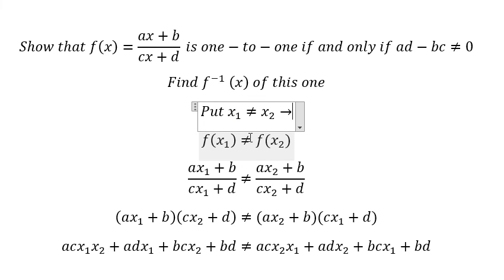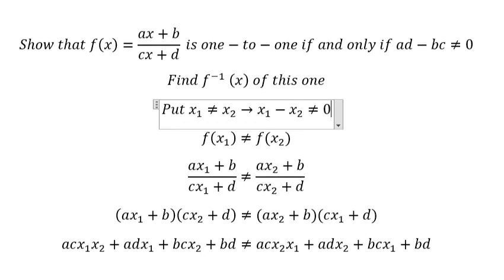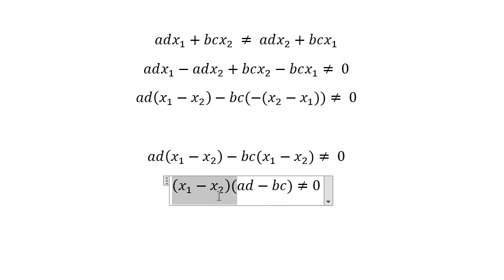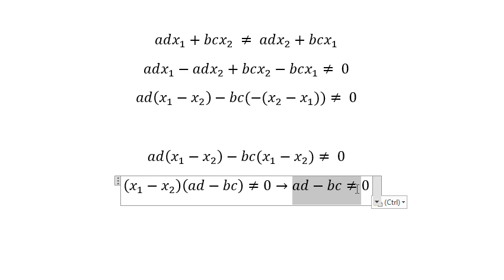That means s1 minus s2 cannot equal 0. Because this one cannot equal 0, that means this one should not equal 0. And that is the answer for question number 1.